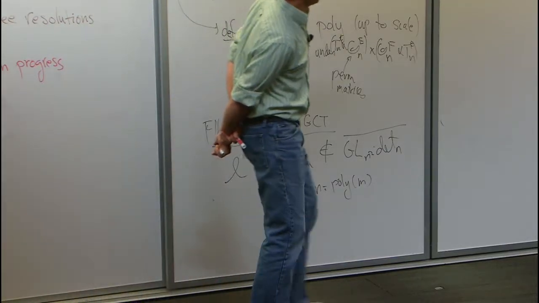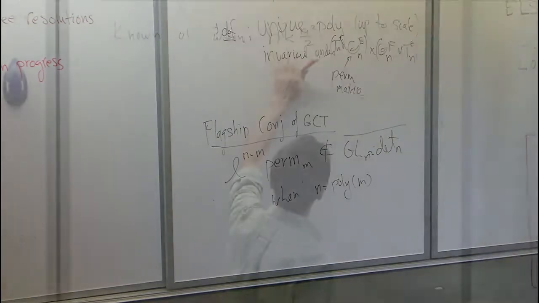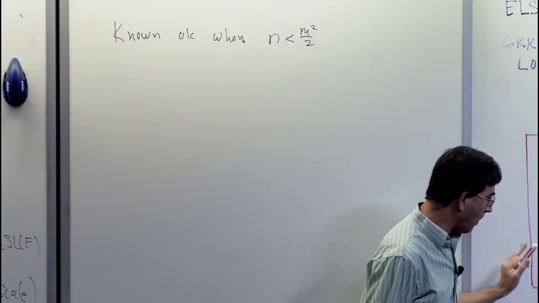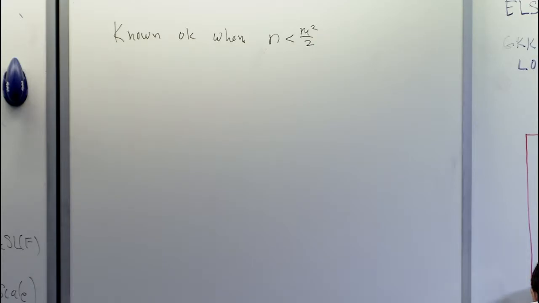So I draw sort of a cartoon picture here to explain the result that implies this. So there were a module of polynomials, union green.